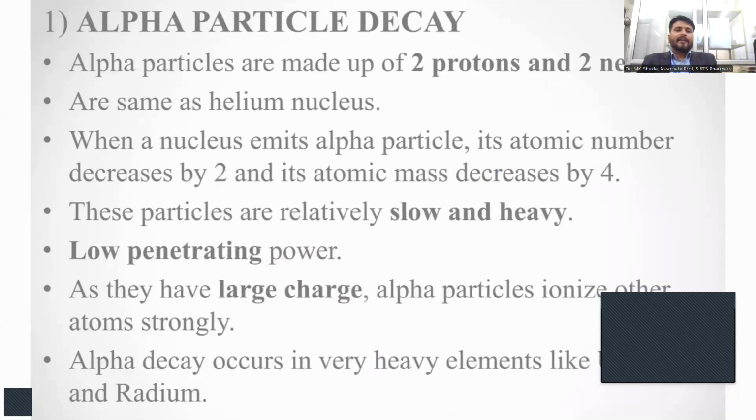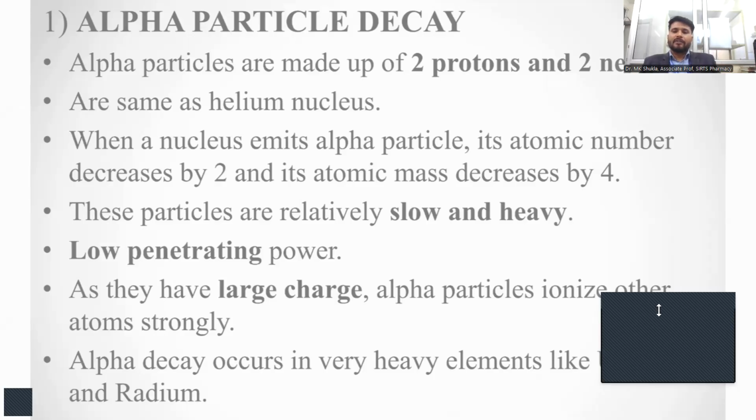So alpha particle decay. Alpha particles are made of two protons and two neutrons. They are the same as a helium nucleus. When a nucleus emits alpha particles, its atomic number decreases by 2 and its atomic mass decreases by 4. These particles are generally slow and heavy, with very low penetrating power.